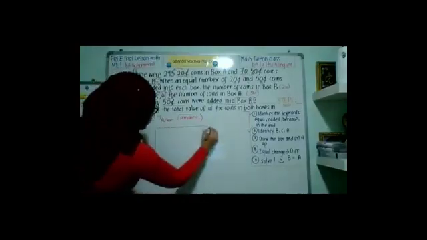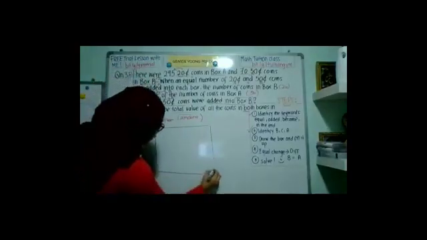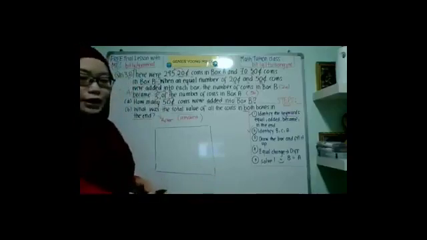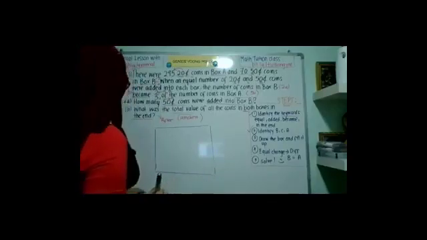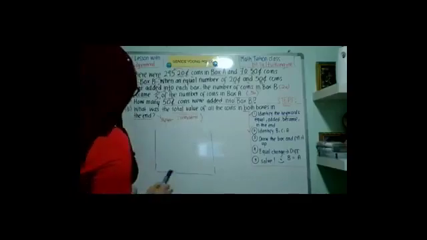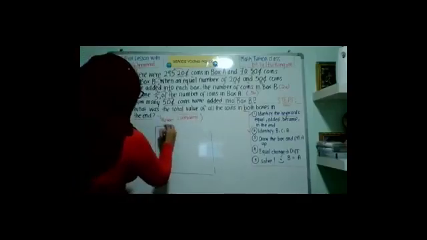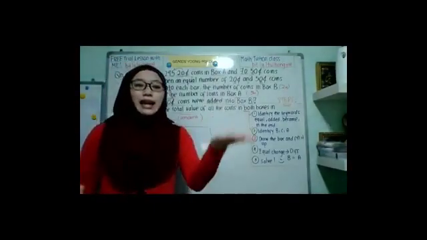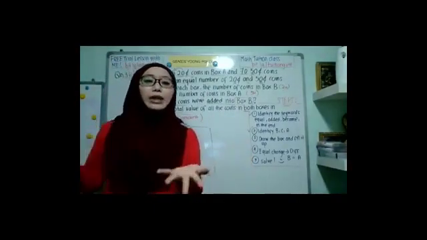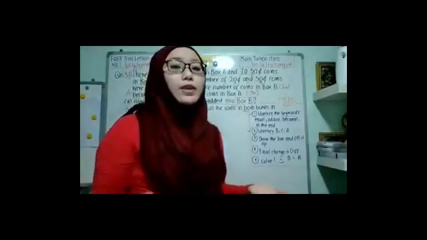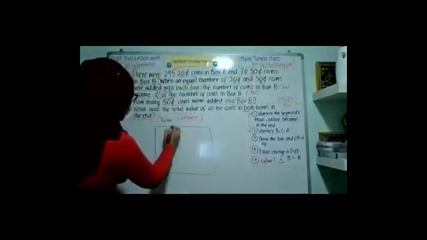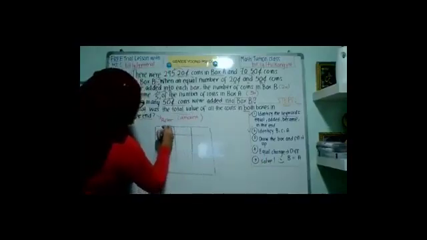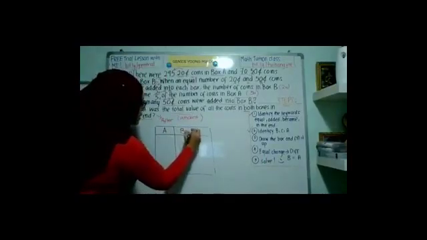Let's draw the box here. Hope you can see. We're going to cut this box into 3 columns. Why 3 columns? One is box A, one is box B, the other one is the difference, because we're talking about difference and change. So box A, box B, difference. This is A, this is B, this is difference.